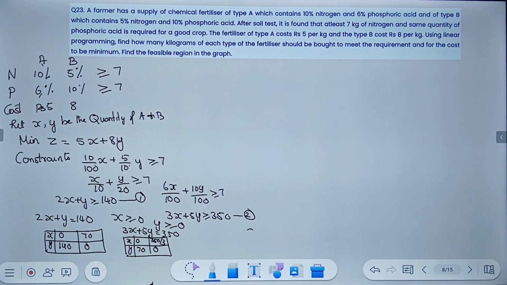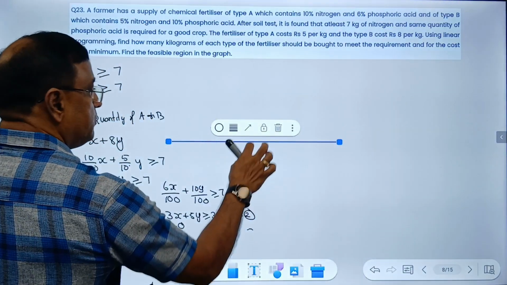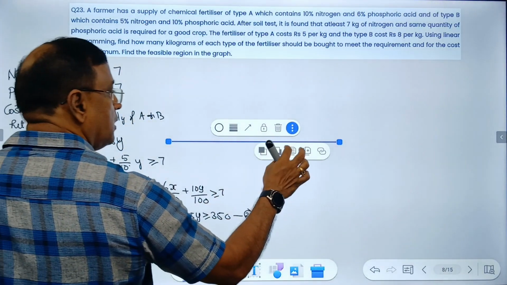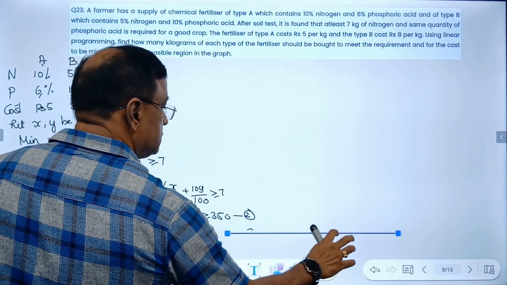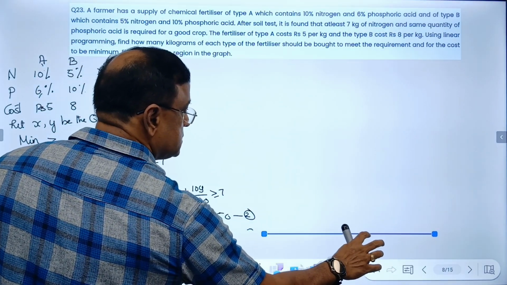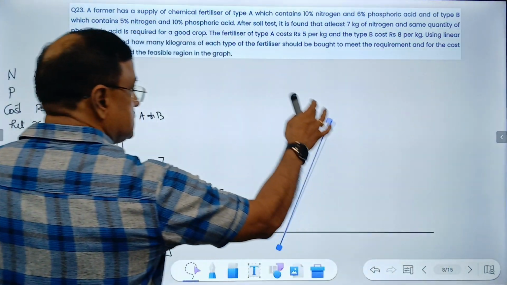Now how do I plot the graph? I need the line, that is my x-axis, and this is my y-axis.